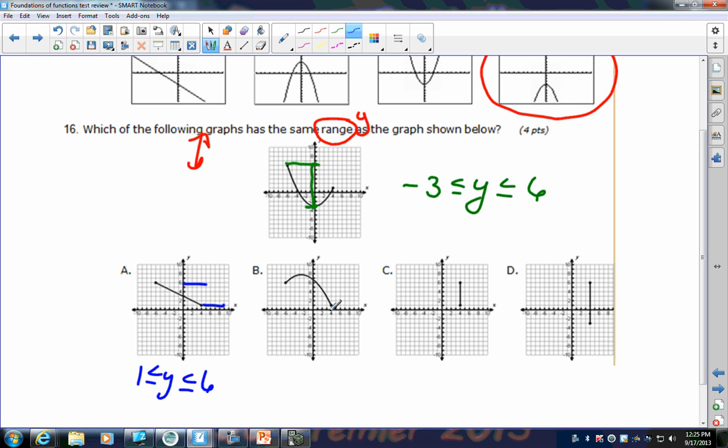B starts at +1, less than or equal to y, less than or equal to 8. That's not it either. Letter C, same thing, it starts at +1. That's not it. Letter D starts at -3 and goes up to +6. That's the same one. Your answer should have been D.